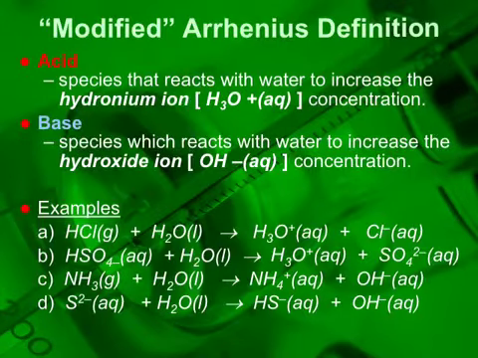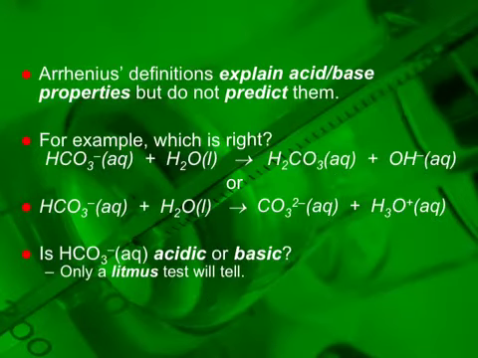As previously mentioned, in the modified Arrhenius theory an acid has to react with water. However, now that we've remembered about the hydronium ion, we can define an acid as something that reacts with water to increase the hydronium concentration, whereas a base is something that reacts with water to increase the hydroxide concentration. However, a drawback of the modified Arrhenius definition is that it can only explain acid-base properties, but it cannot predict them.